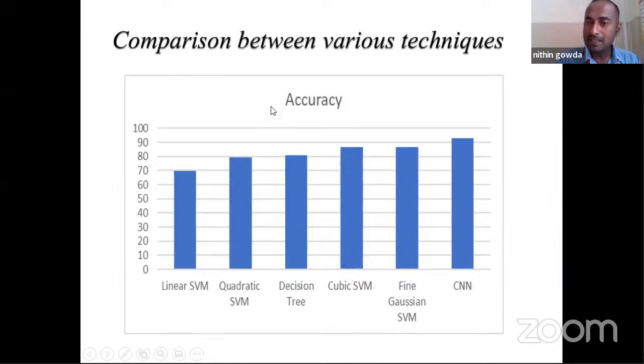All these are machine learning models. CNN is the one and only one based on deep learning, and its accuracy is 94%. Please remember one thing: whenever you use a machine learning model, you have to perform feature extraction. I have used GLCM, the gray level co-occurrence matrix. Similarly, you can use other different models.